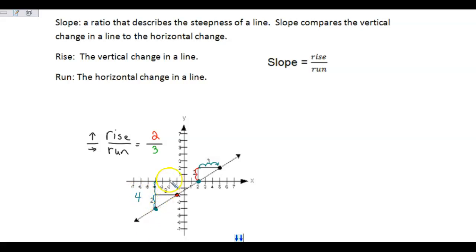And then I'm going to run 1, 2, 3, 4, 5, 6. So my rise was 4 and my run is 6. I can simplify this. Both are divisible by 2. So 4 divided by 2 is 2, and 6 divided by 2 is 3. So it's telling me that my slope is 2/3.